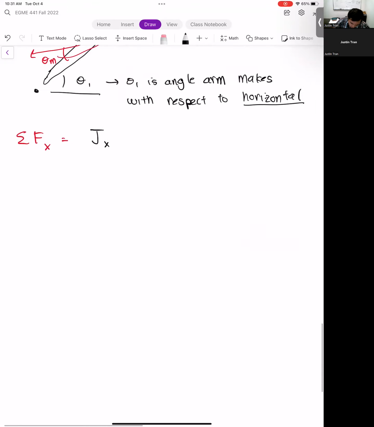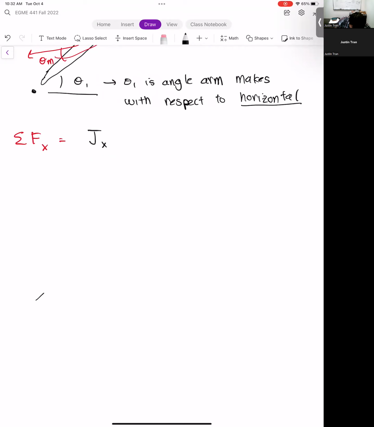If we consider the arm here as a vector, then the vector goes from the origin. We're assuming the joint here is the origin, and it points upwards and rotates counterclockwise by an angle of theta 1.